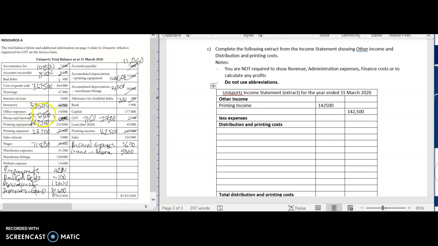We've got our phone and internet. We're just after the distribution portion of it. Just be careful that you don't abbreviate when you're doing this, because it said in bold up here, do not use abbreviations. So we need 6,300.